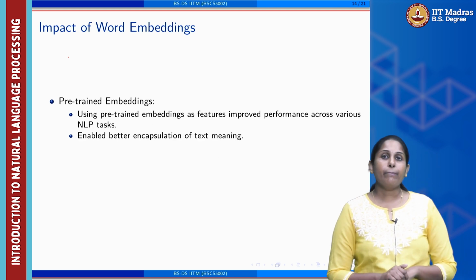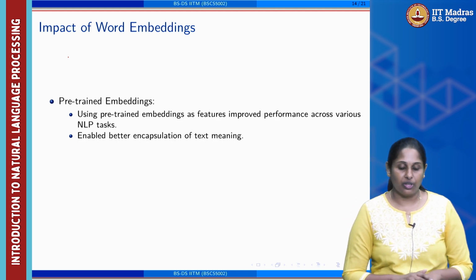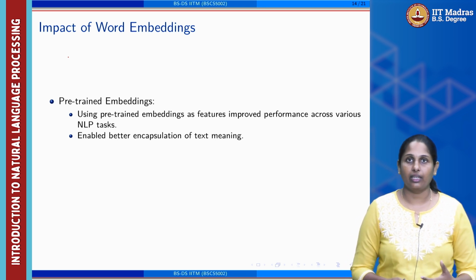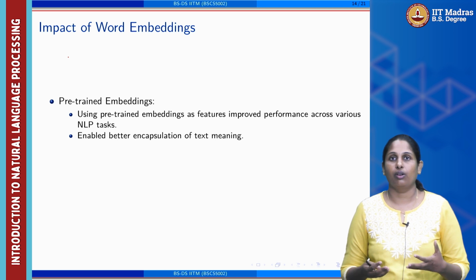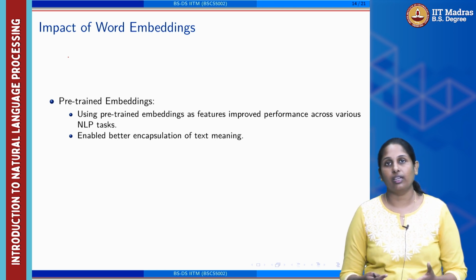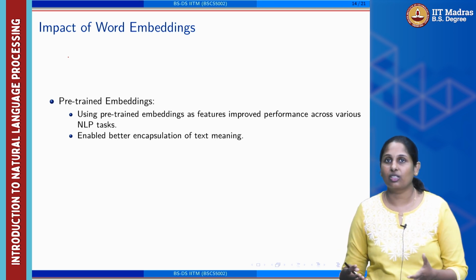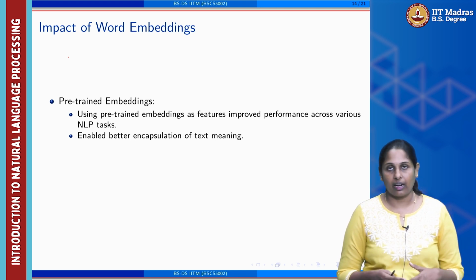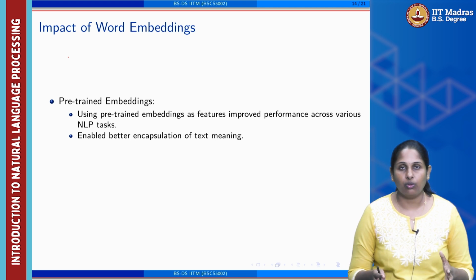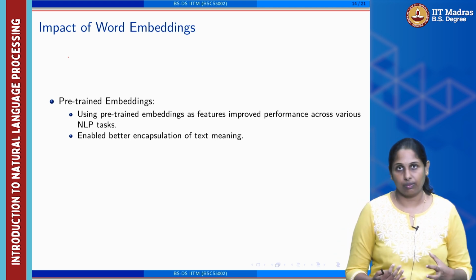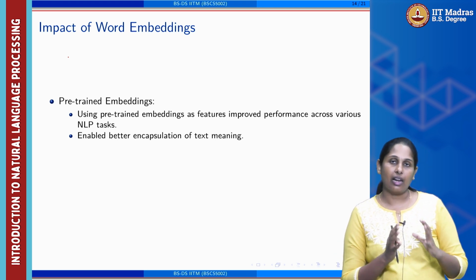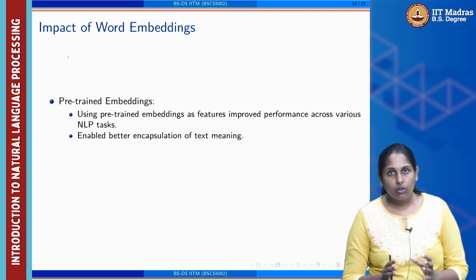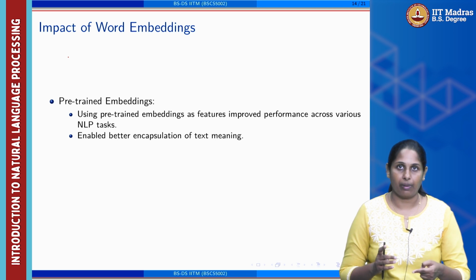The impact of word embedding didn't stop there. People started working on how to apply this word embedding knowledge to a vast amount of data, so that we can build some kind of knowledge representation. Pre-trained embedding is another era, where we use a large amount of data, learn the embeddings from the data and keep them as pre-trained embeddings, and any application that we want to develop will use them.